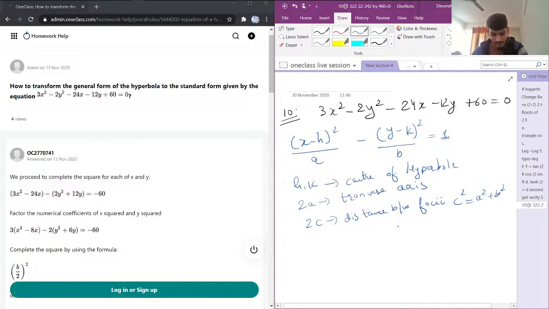Then we have the coordinates of the vertices, which are h plus minus a comma k. Then we have the coordinates of the co-vertices, which are h comma k plus minus b.